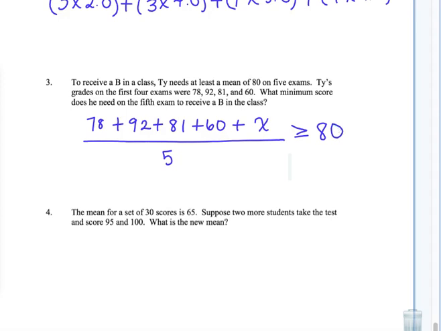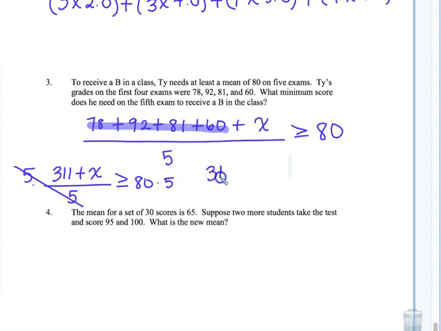So what you're going to do is add up these numbers right here first. When you add those up, that gives us 311 plus that unknown grade. When it's all divided by 5, it needs to be greater than or equal to 80. I will then multiply by 5.